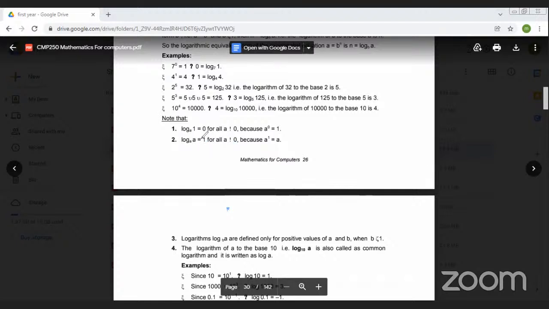Here it shouldn't be not equal to 0, right? Because here they are mentioning that a raised to 1 is a. Now, this whole value, log to the base 2 of 2, will also give me the value of 1.